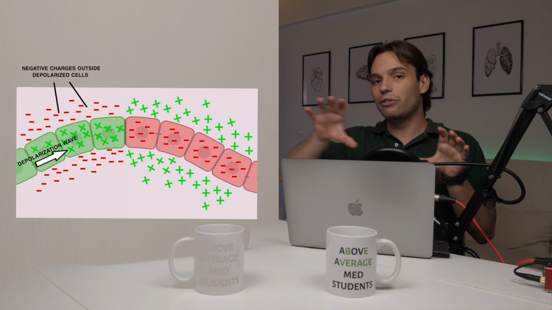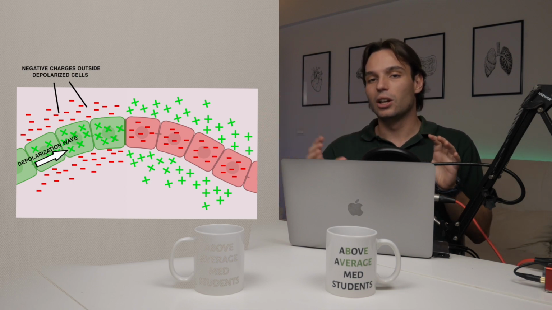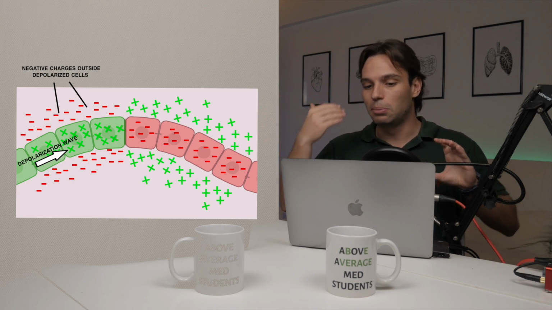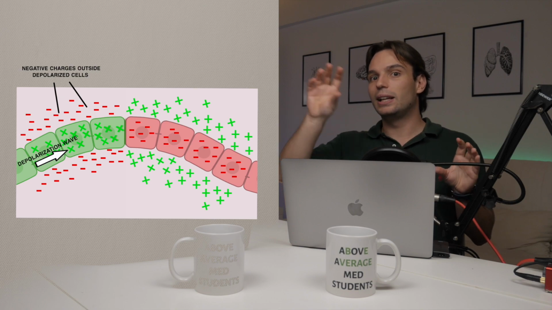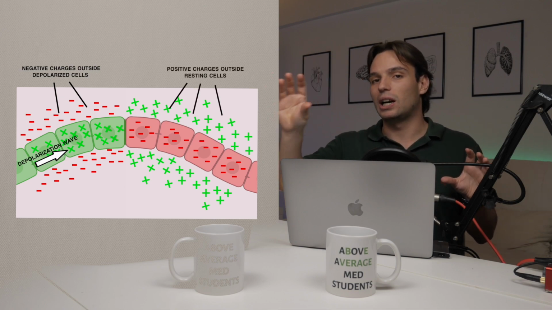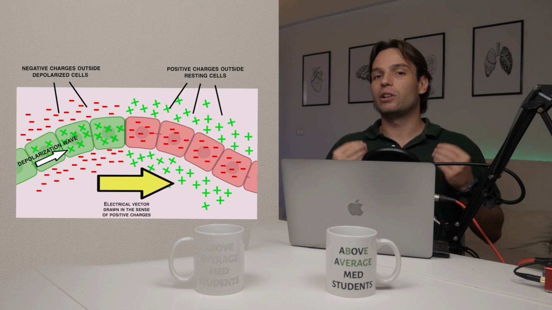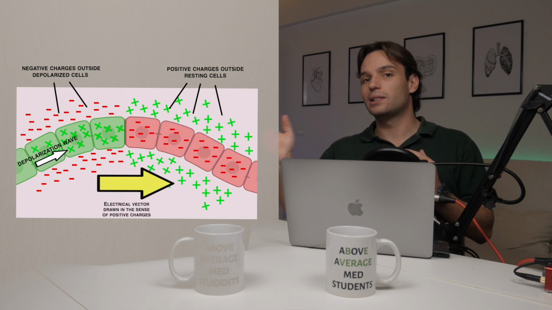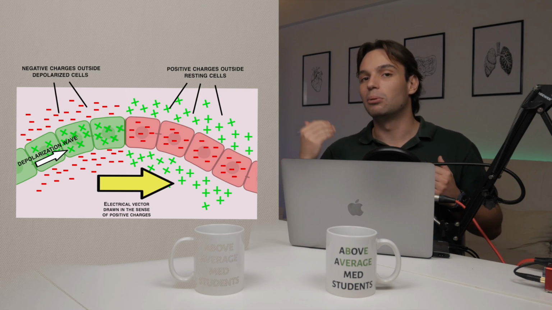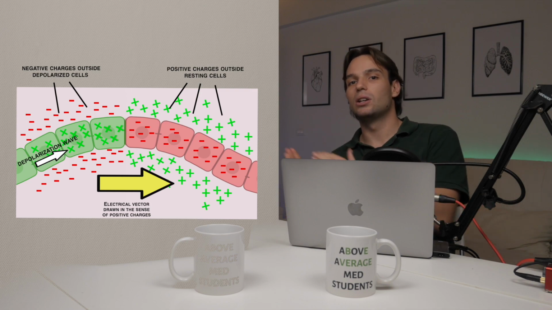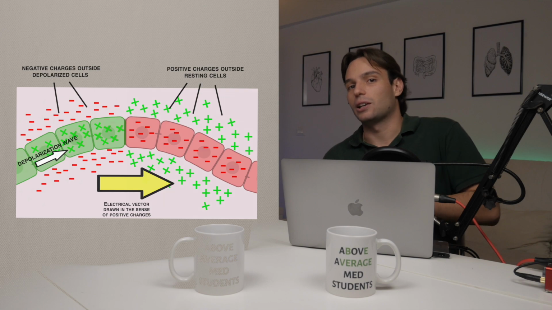The depolarization wave is also moving towards cells that have yet to be depolarized, and thus still have positive charges outside their membrane. In this case, we will draw the electrical vector towards the cells that still have to be depolarized, so in the same sense that the depolarization wave is actually moving.